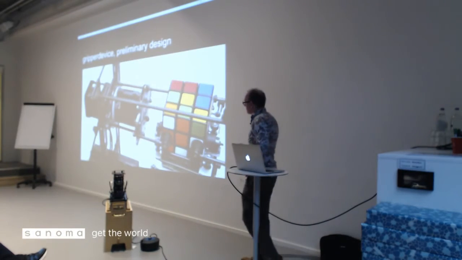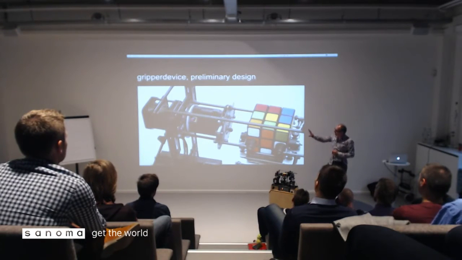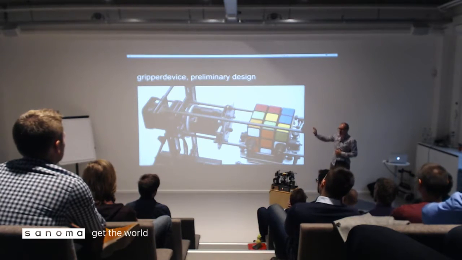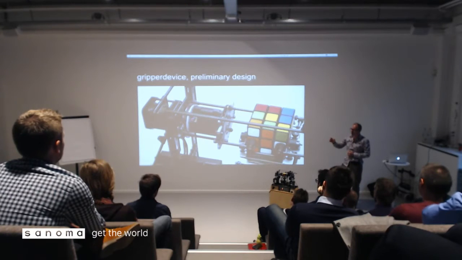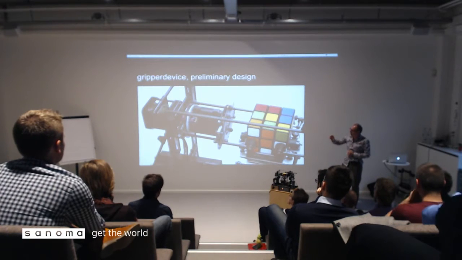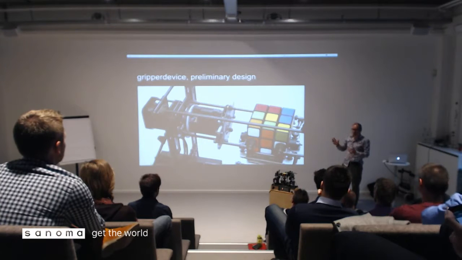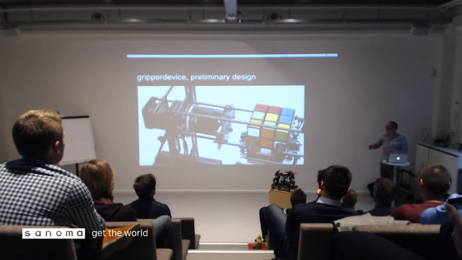So at a certain moment I had this gripper where you have two motors. One motor is actually driving the gripper itself, and the other motor is driving the gripper to rotate. Actually, these are the only two functionalities of the gripper: opening, closing, and rotating.